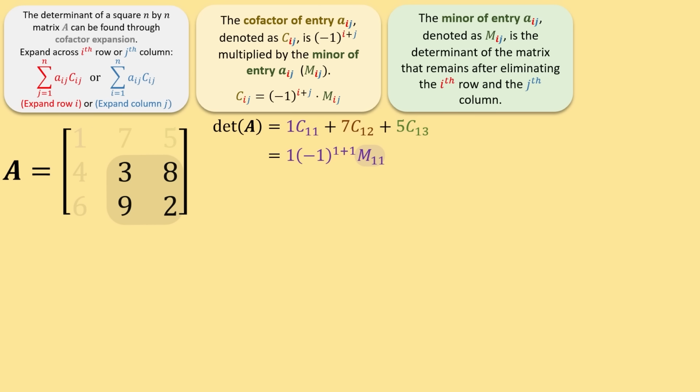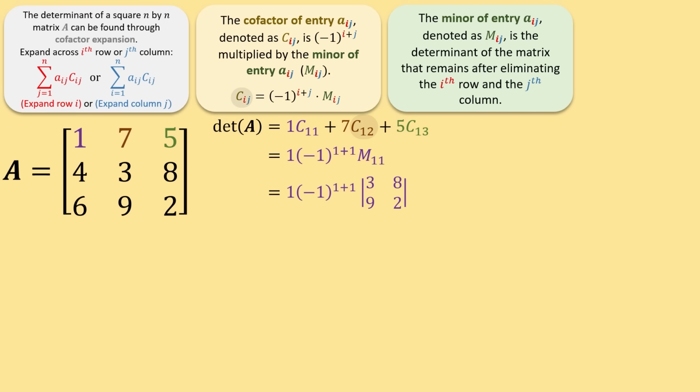M11 is equal to the determinant of 3892, the determinant of what remains after we drop our row and column. C11 is equal to -1 raised to the 1 plus 1 power times the determinant of 3892. We've replaced our cofactor C11 with its value. Now we want to replace C12, the cofactor that's multiplied by 7.